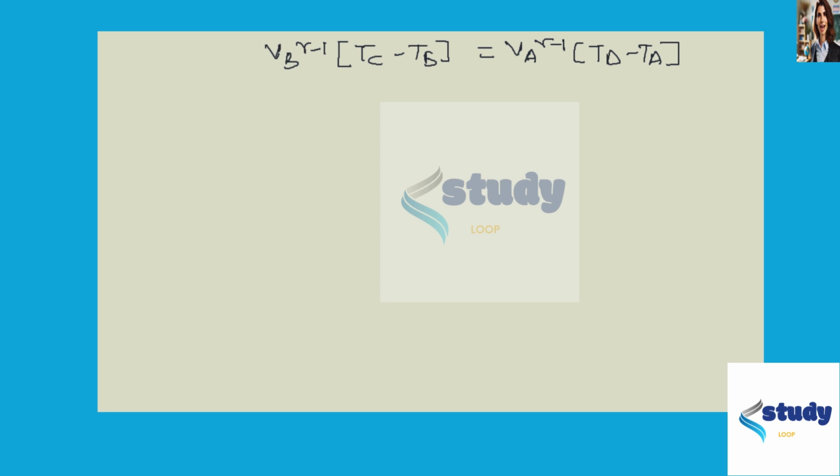So VB^(rho minus 1) upon VA^(rho minus 1) is equal to TD minus TA upon TC minus TB.